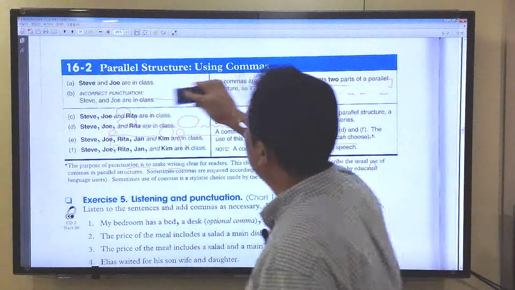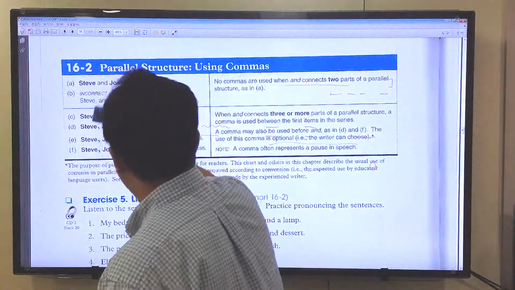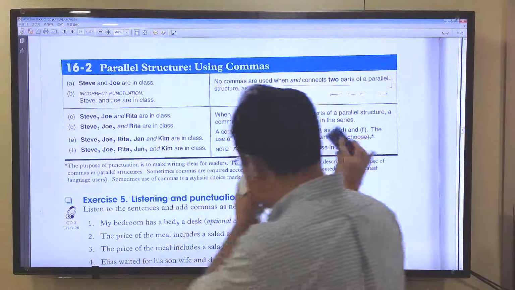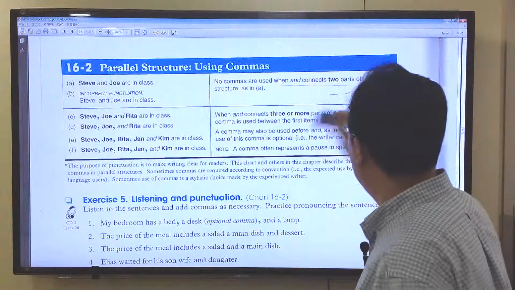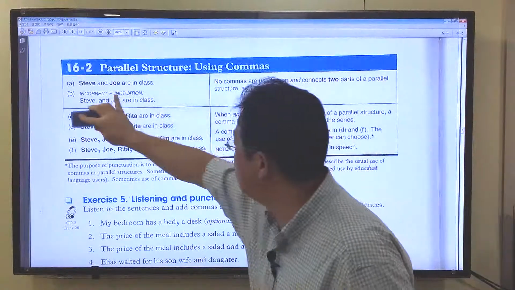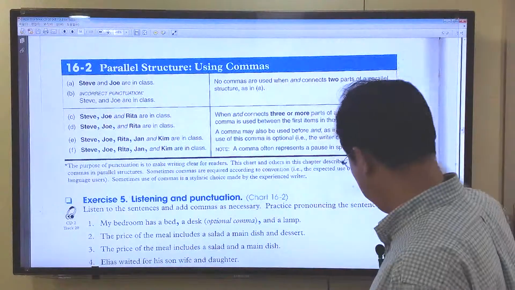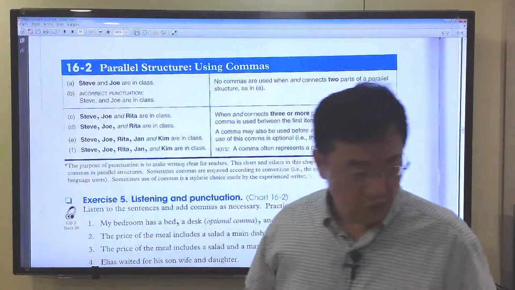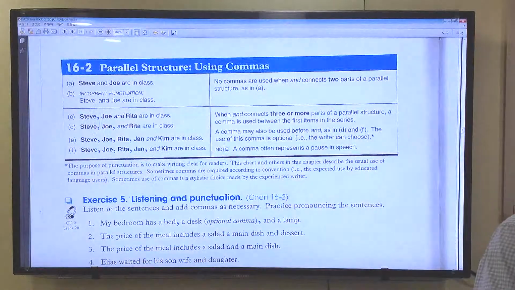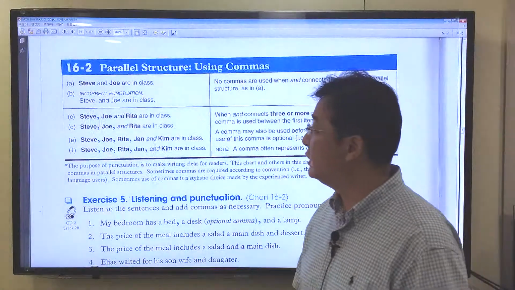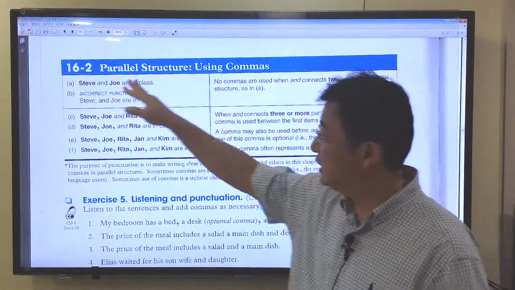We're going to learn whether to use commas to show a pause in speech and show clarity in using parallel structure and conjunctions in written English. Let's find out how to use commas in relation to coordinating conjunction usage in parallel structure. So, using commas, table 16-2.